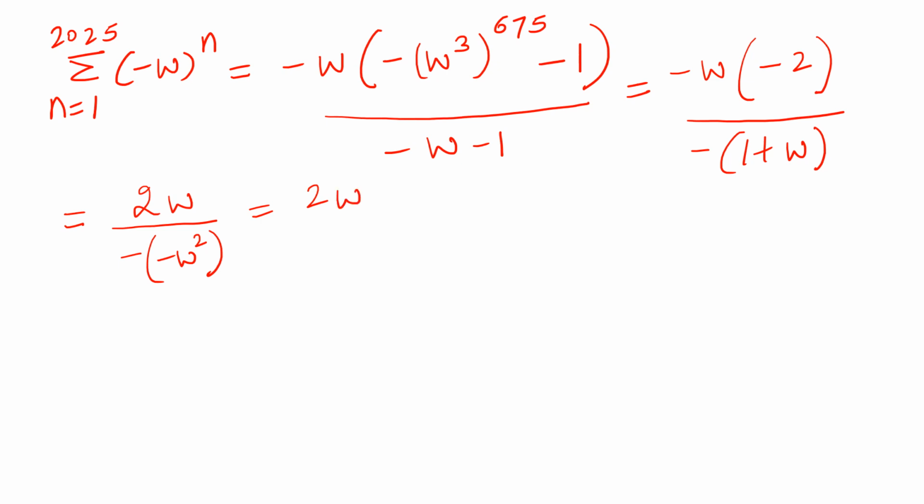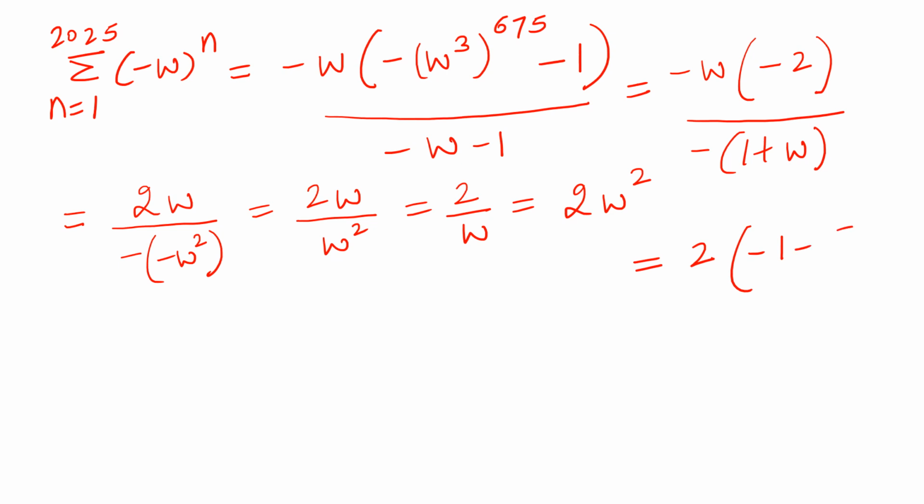So now this is 2 omega divided upon omega square, or 2 upon omega, and we know that 1 upon omega is equal to omega square. So this becomes 2 into omega square. Now the value of omega square is minus 1 minus root 3 iota whole divided by 2. So it finally becomes equal to minus 1 minus root 3 iota.